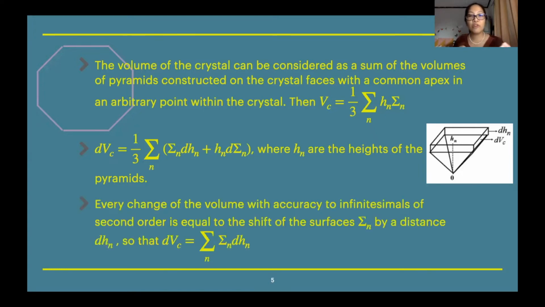Every change of the volume with accuracy to infinitesimals of second order is equal to the shift of the surfaces sigma sub n by a distance dh sub n, as shown in the figure, so that the derivative of the volume of the crystal becomes the summation over n of the product area and the dh sub n, the shift in the distance.